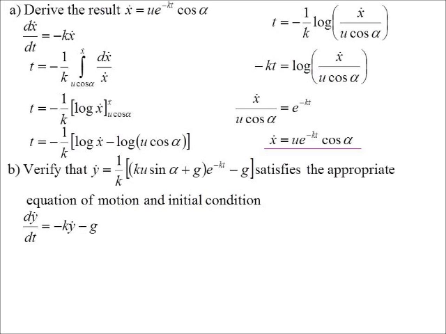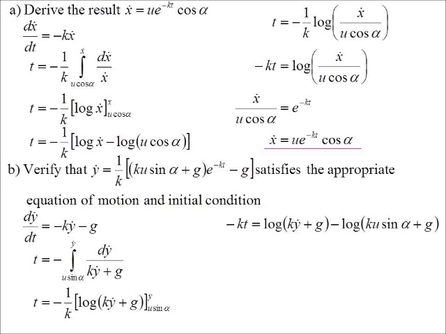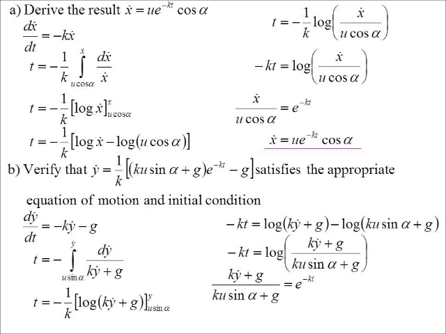And said, all right, I'm going to use dy dot dt is equal to minus ky dot minus g, and then integrated, similar sort of expression. Substitute in, really the same steps as the last one, but it's just that the function's slightly different. And I end up with the final answer.